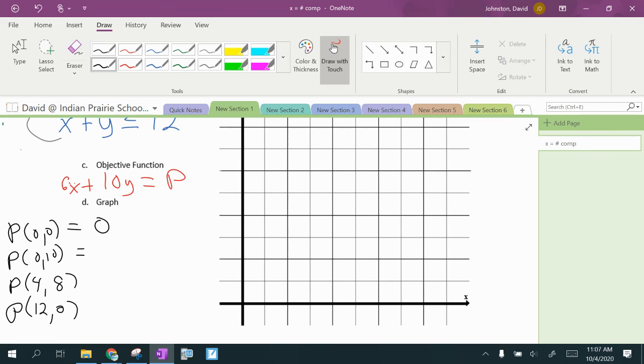Next, my total points when I only do 10 word problems, that's going to get me 10 times 10, which is 100. Okay. Then this next one, I'm going to show a little more work on. I'm going to have 6 times 4 and 10 times 8.